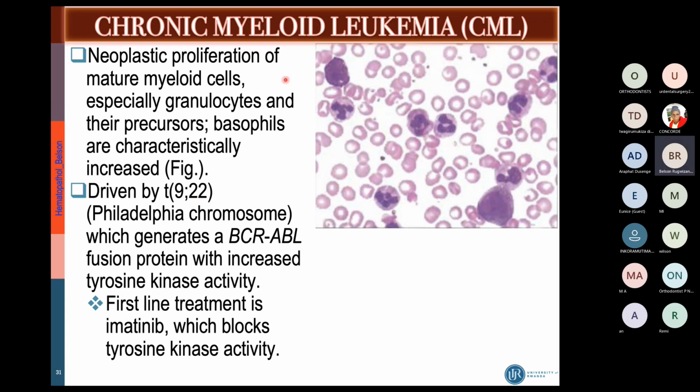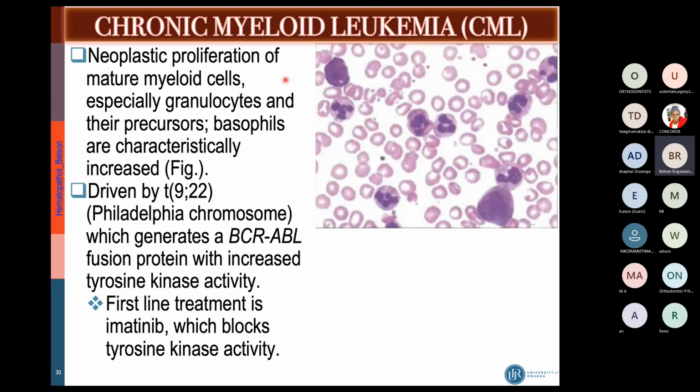So this is driven by the mutation t(9;22), a translocation between chromosome 9 and 22. A piece from chromosome 9 and another from 22 meet and form what you can call a new chromosome, which was called the Philadelphia chromosome.